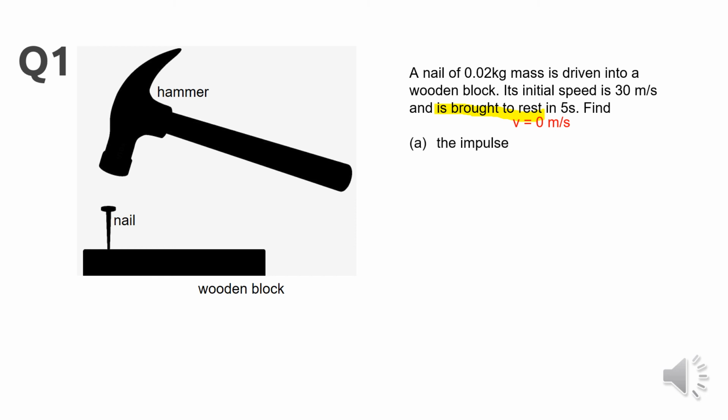To find the impulse, we use the formula of change in momentum, which is mv minus mu. When we put in the values, the impulse is equal to negative 0.6 kilogram meter per second.